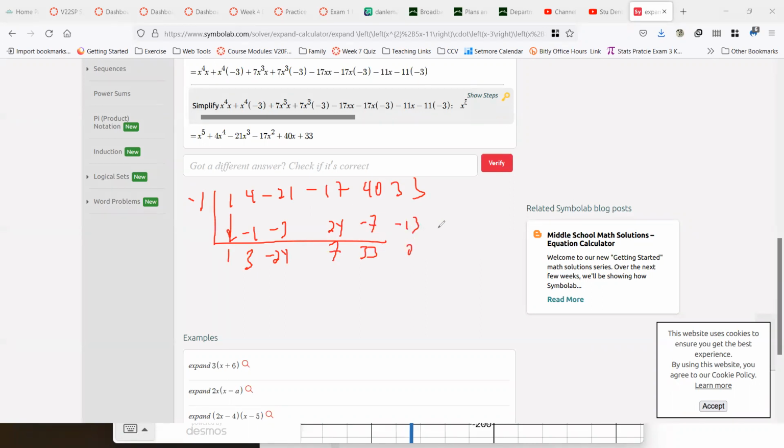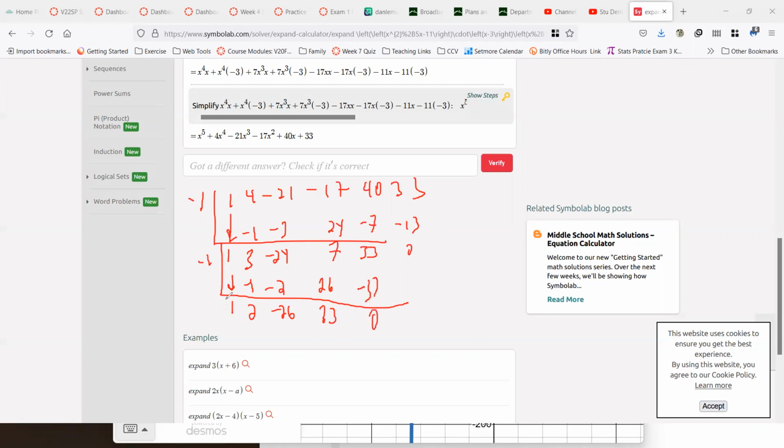And I knew it was going to be remainder 0 because it crosses the x-axis. I also know this is multiplicity 2, so I'm just going to run that -1 through again. So -1, 2, -2, -26, +26, 26 plus 7 is 33, -33, and 0.